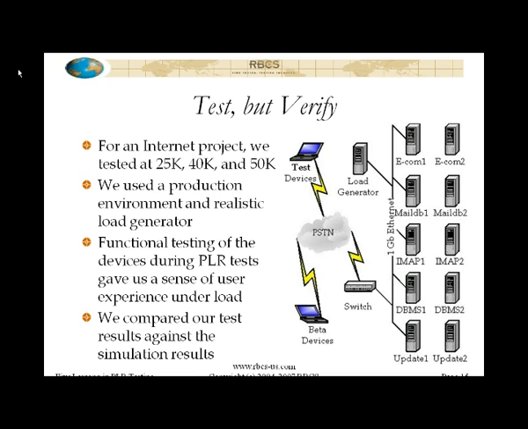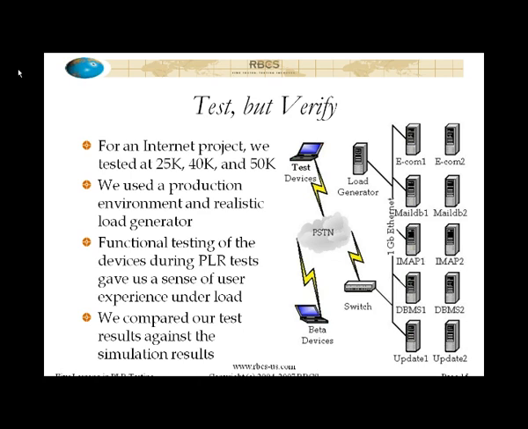Internet appliance project. We were going to have, at one point, potentially as many as 50,000 of these out there in the field. We wanted to test and know how things looked at 25,000, at 40,000, and 50,000. We had a production environment. We were lucky enough to be able to use the actual production environment because it was before things went live.